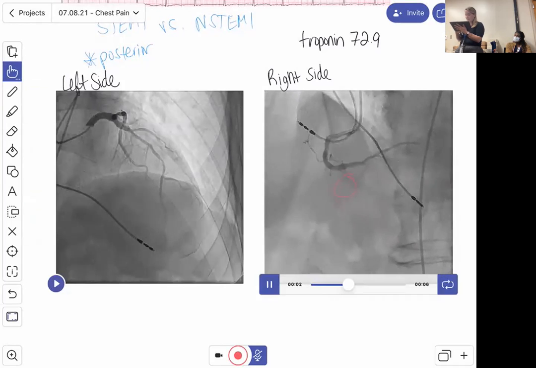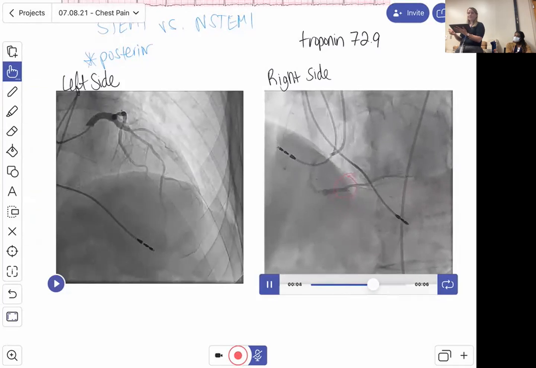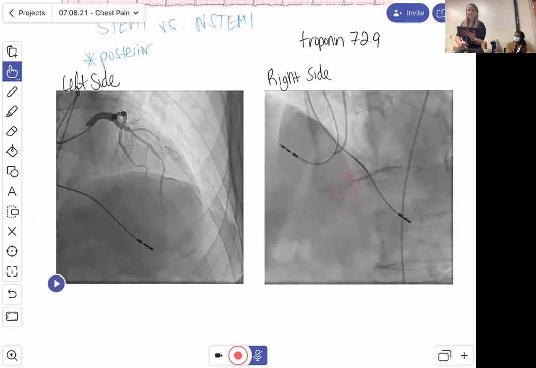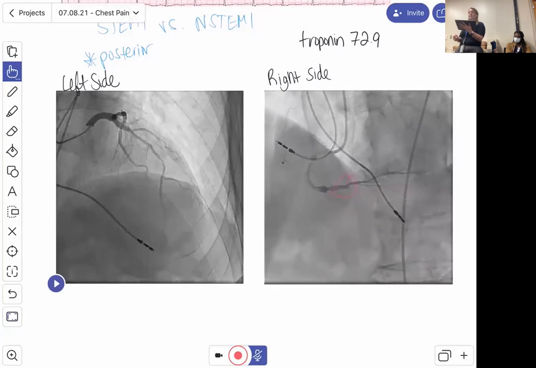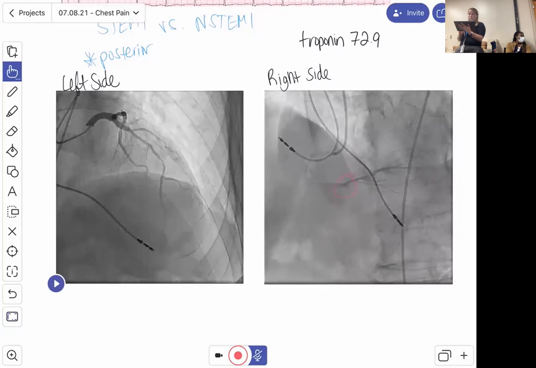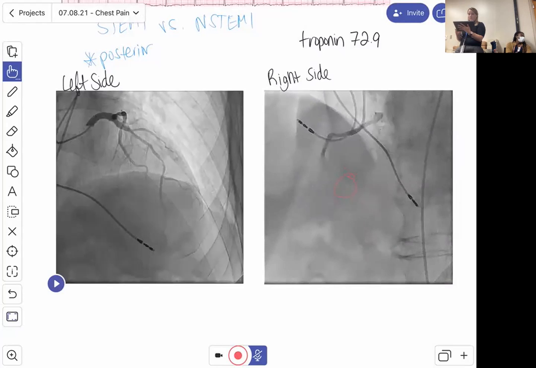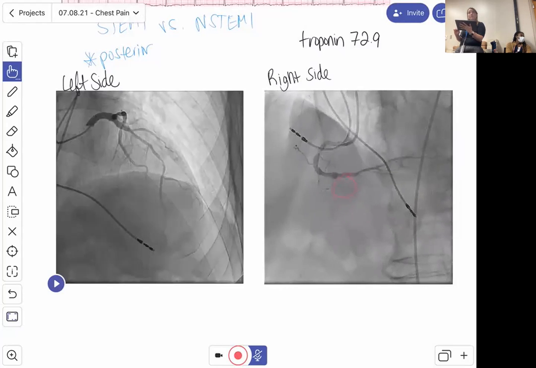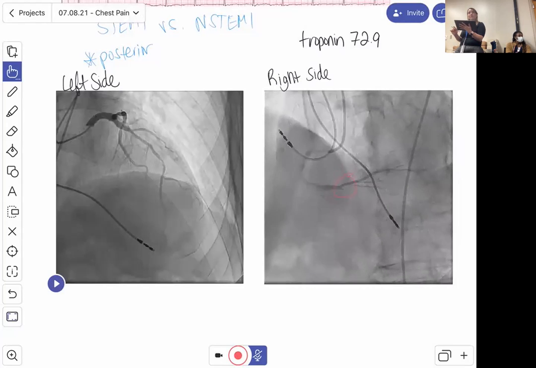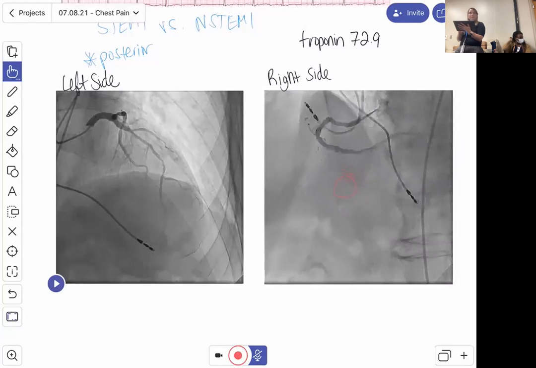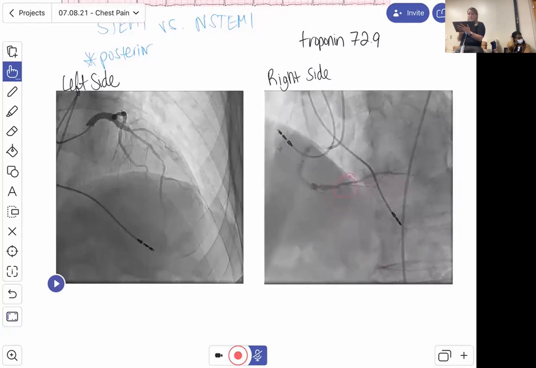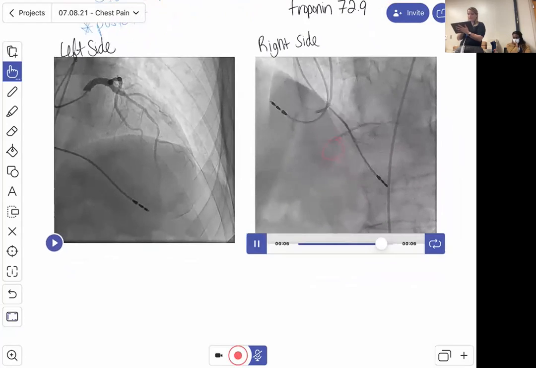Right here you see a little bit of haziness where something should be coming off. There's nothing there. And then for you guys over here, you kind of see a little bit of a wisp of something, a little bit of haziness, but that's obvious. And so we fixed it.